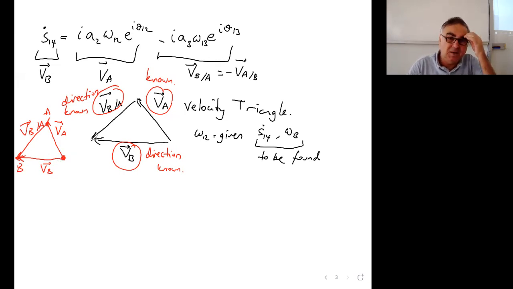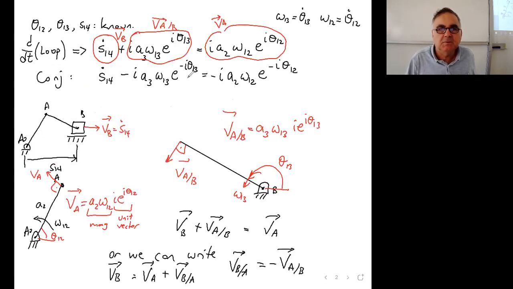Okay, so I tried to give you here the graphical geometric solution, which gives you more insight into the problem. But what we usually do, let's go to the previous page.